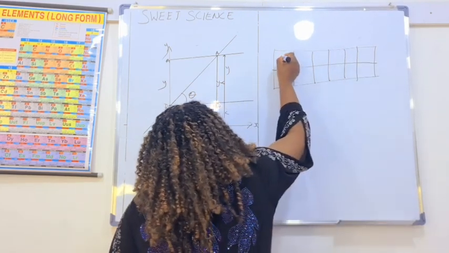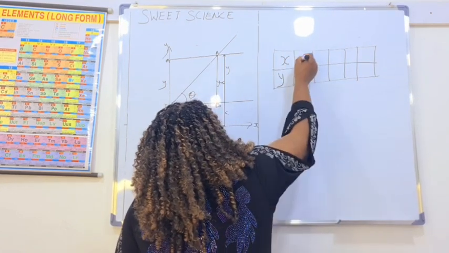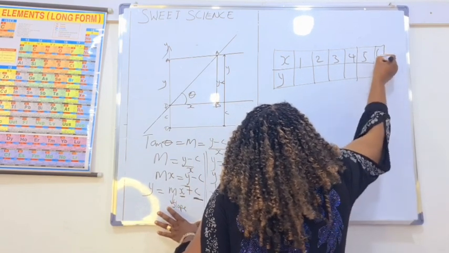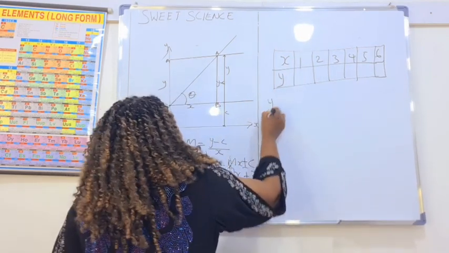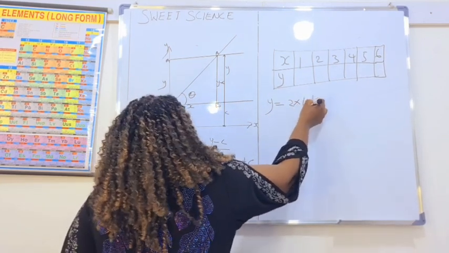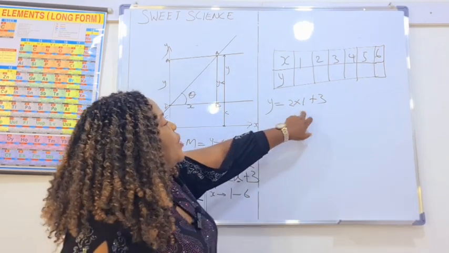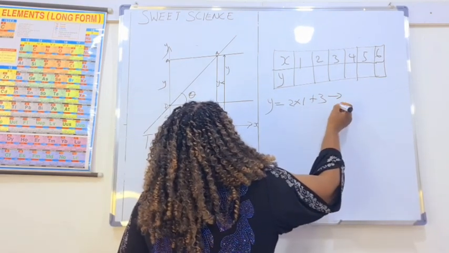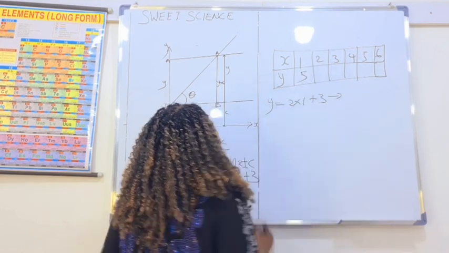We put our x here, then we put our y here: 1, 2, 3, 4, 5, 6. When x is 1, what will your y be? y is equal to 2 times 1 plus 3. That gives 5. So here y will be 5.